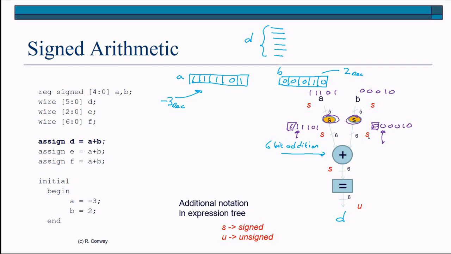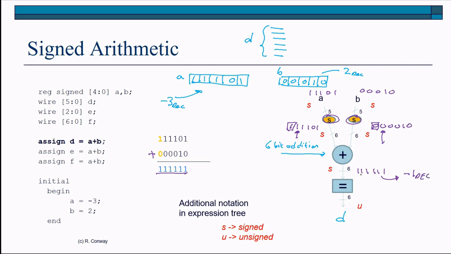These are our two values we now add. And when we add them, this is our result, which is the output of the addition. It's a 6-bit value and it's a signed quantity. So if you want to interpret this in decimal, that's equivalent to -1 in decimal.